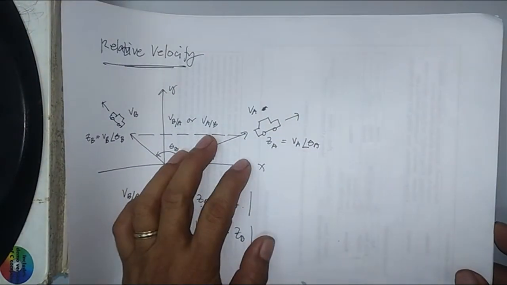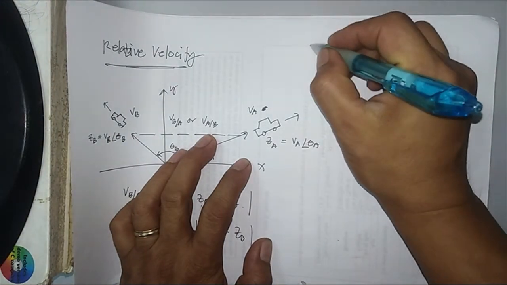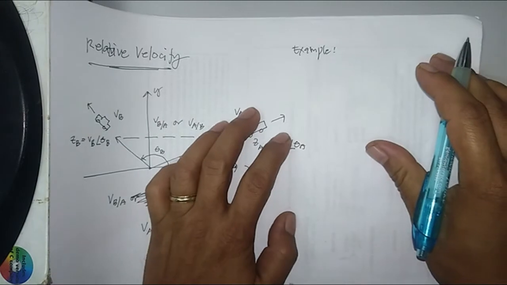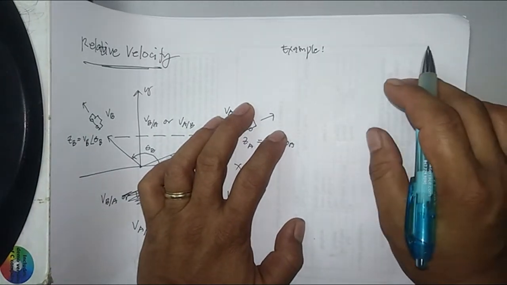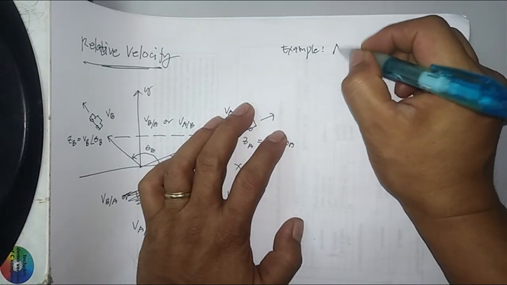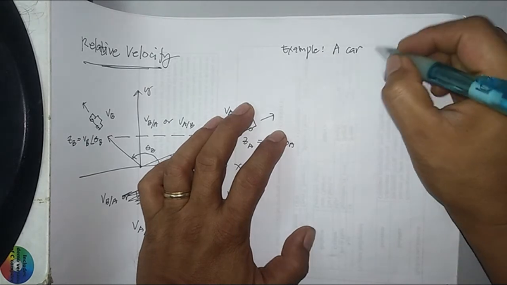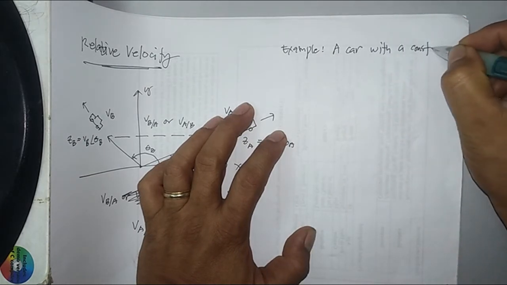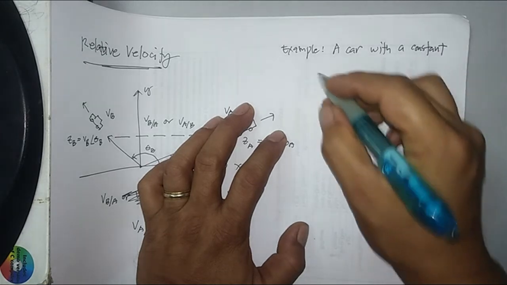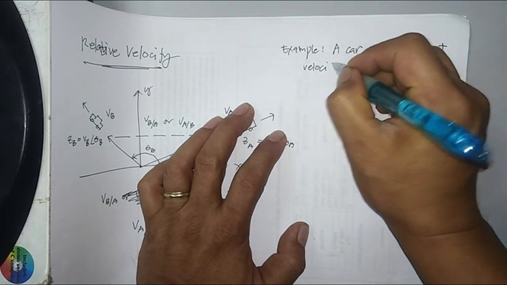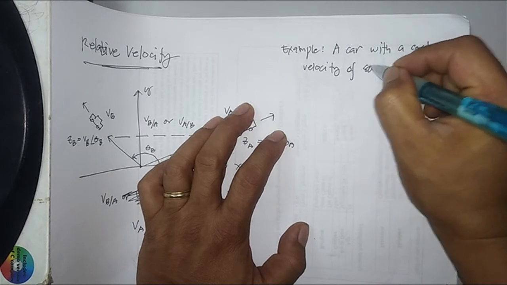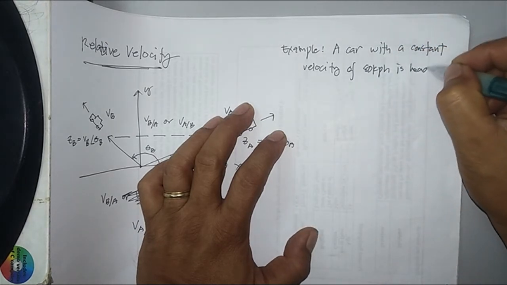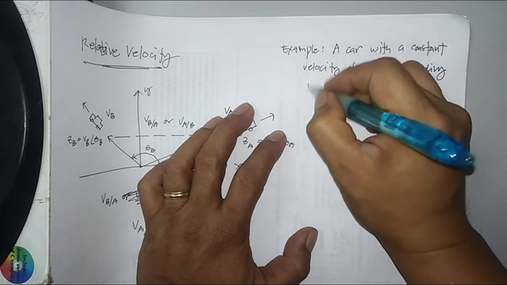Okay, I have a problem here. This is a long worded problem, so I will try to write it clearly. A car with a constant velocity of 80 kilometers per hour is heading north.